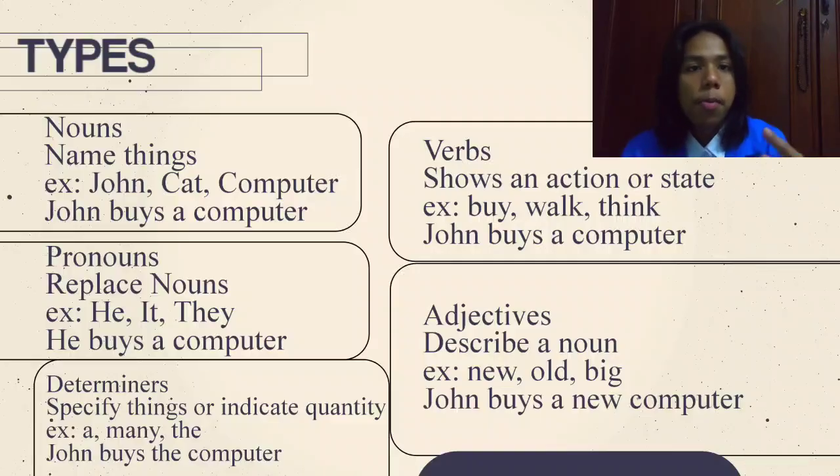If we say the, we already know what thing the speaker meant. And the article or the determiner a is for a general noun. And remember that determiner is always placed before the noun, same as adjective.